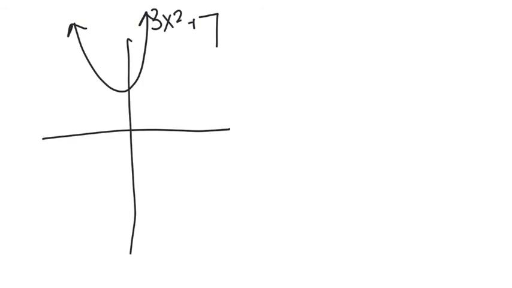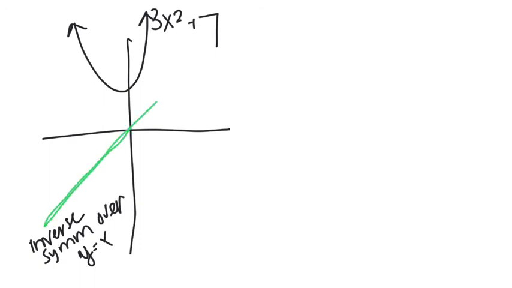Inverses have symmetry, and I think I forgot to put it in the first slide, that inverses have symmetry over the line y equals x. So if I drew that in here, I can guess that if I fold it over this line, my new function would look something like this.